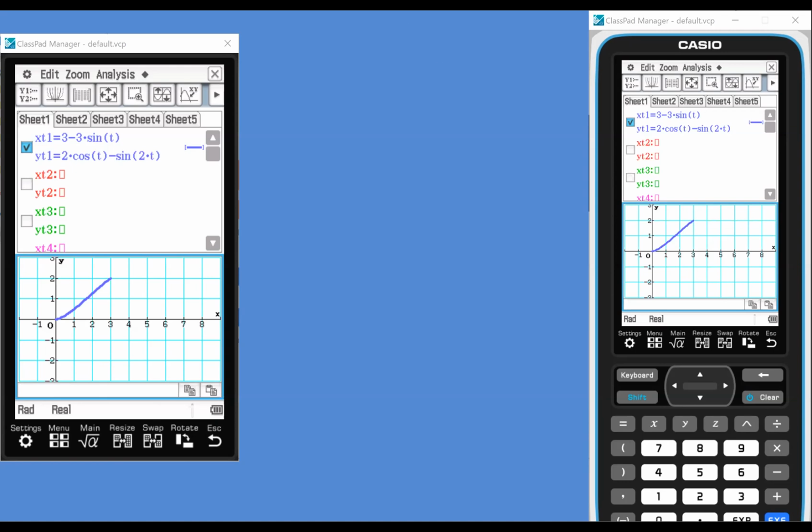Basically, coming back to have a look at the ClassPad here. Sorry, I've been sharing the screen the whole time. So we want to find that particular distance.